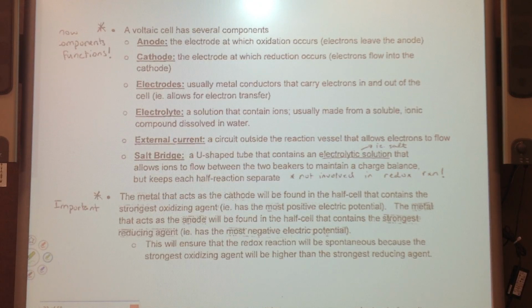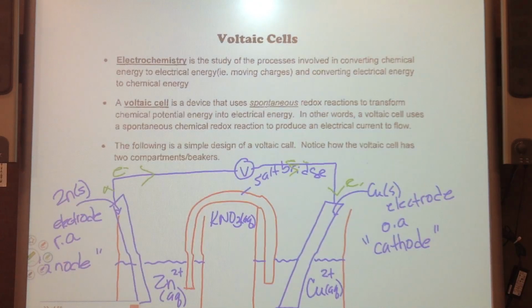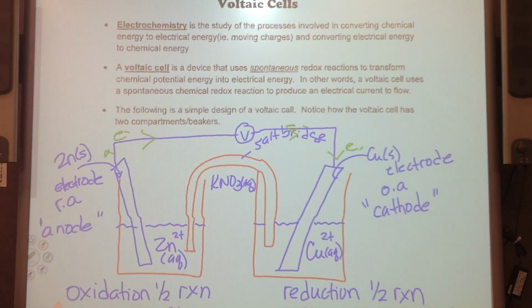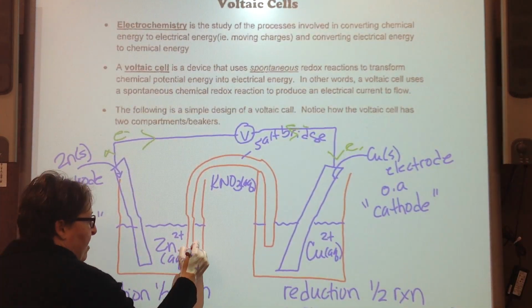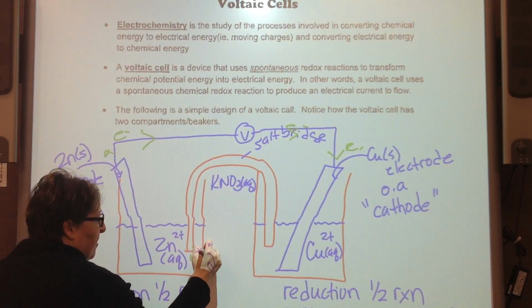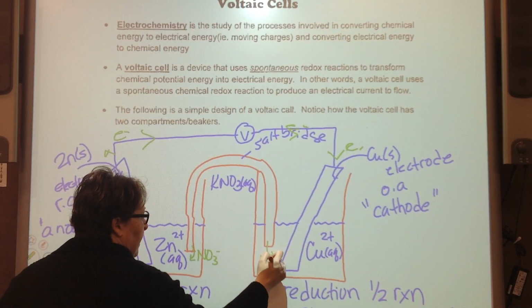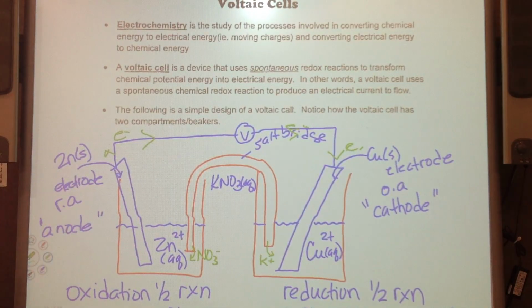Okay? Copper nitrate. Anything that bonds with nitrate stays in solution. The one thing that I did forget to tell you back here though is this salt bridge here. You're going to have nitrate ions flow this way and potassium ions will flow this way.